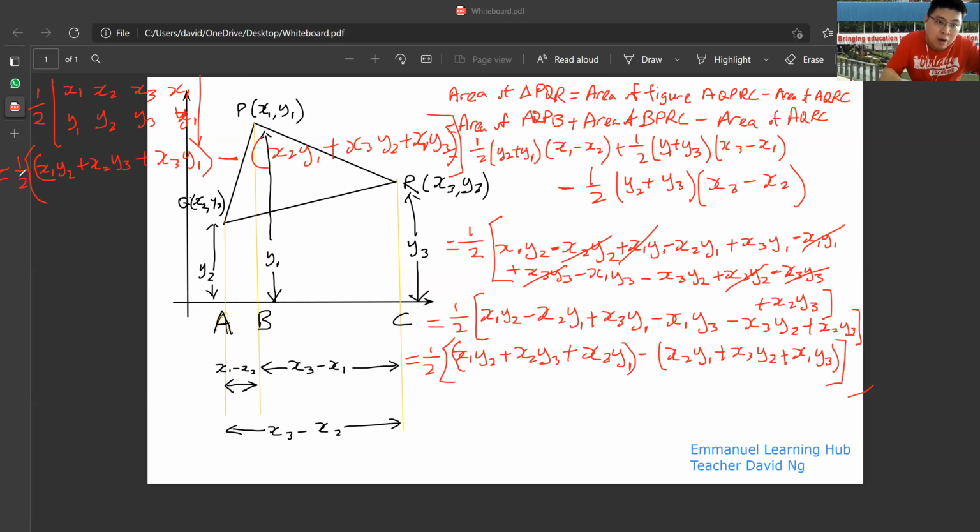So it's half. You remember there's a half. Then negative gradient. I know what I mean by negative gradient. x1, y2. Addition of all the negative gradient minus addition of all the positive gradient. Then this side first.